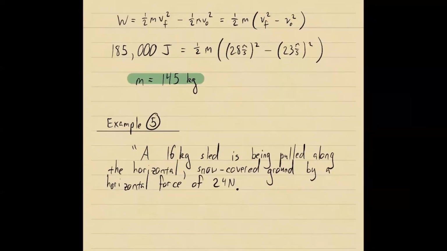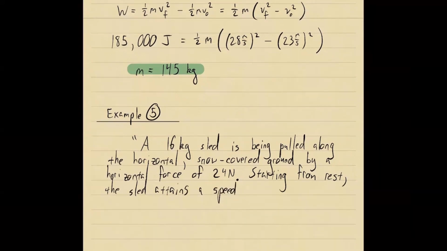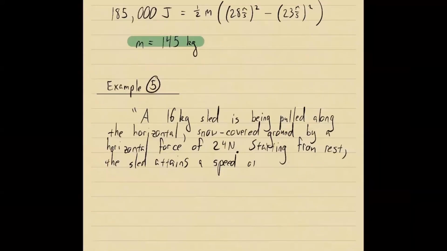So starting from rest, the sled attains a speed of 2 meters per second in 8 meters.